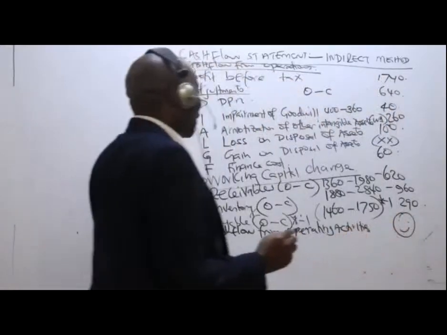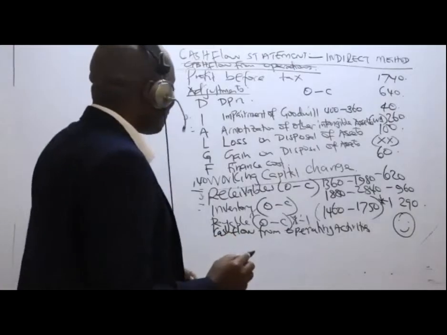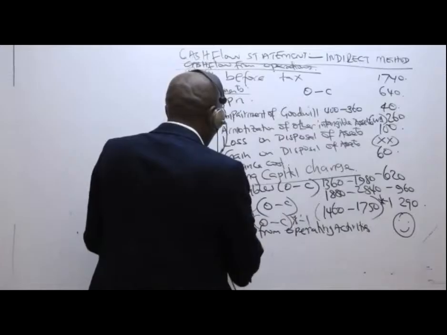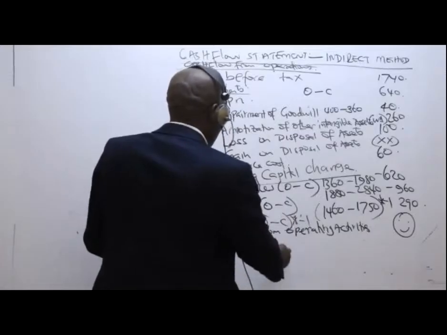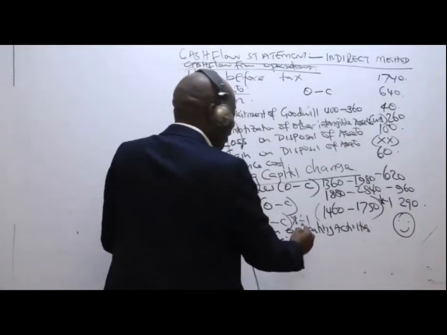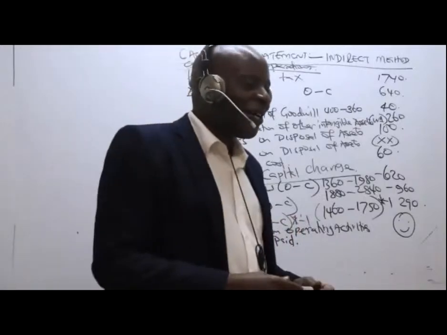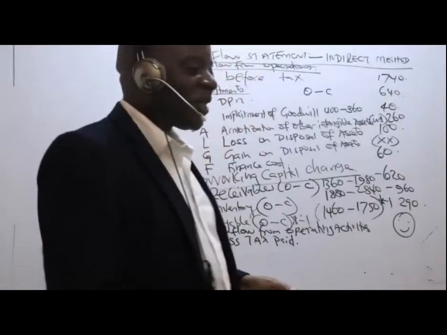So cash flow from operating activities, and then I'll come and less tax paid.